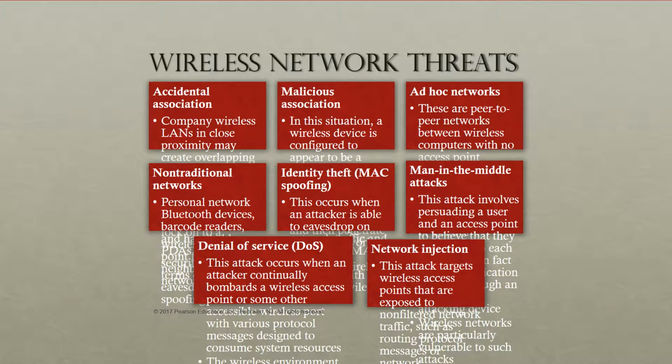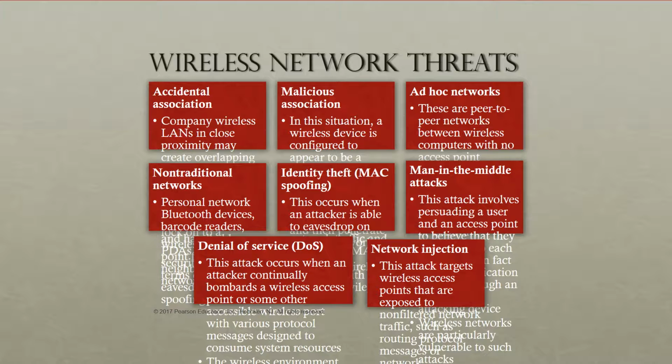Such networks can pose a security threat due to a lack of a central point of control. Non-traditional networks. Non-traditional networks and links, such as personal network Bluetooth devices, barcode readers, and handheld PDAs, pose a security risk in terms of both eavesdropping and spoofing.